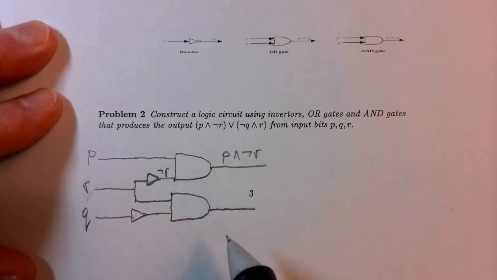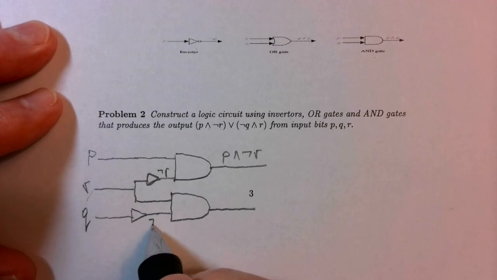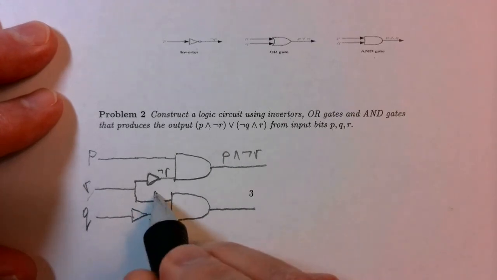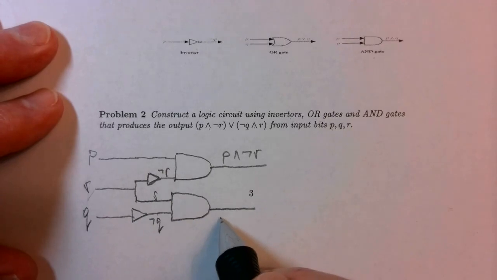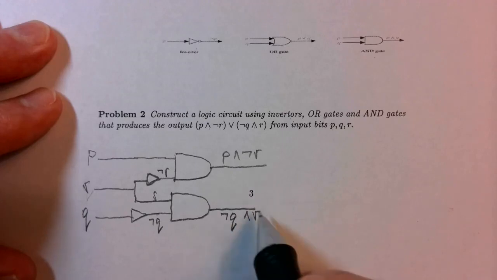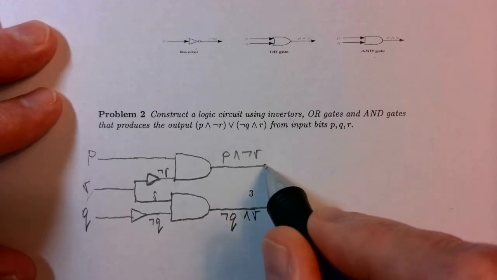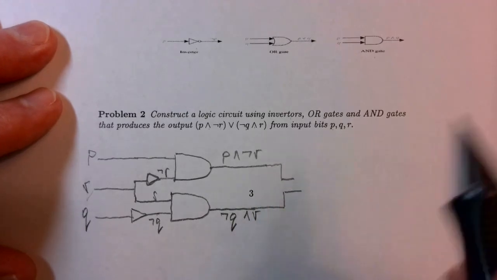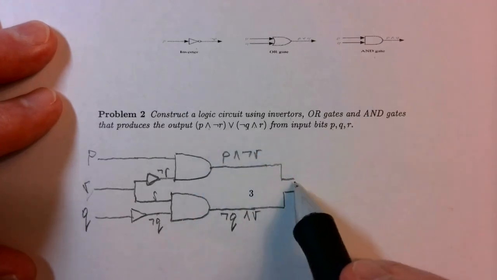Here I have not Q. Here I have R. And this is not Q and R. Then I take those two and send them to an OR gate.